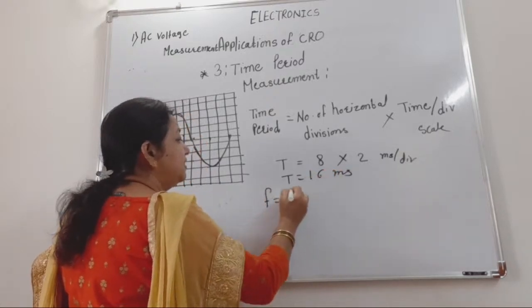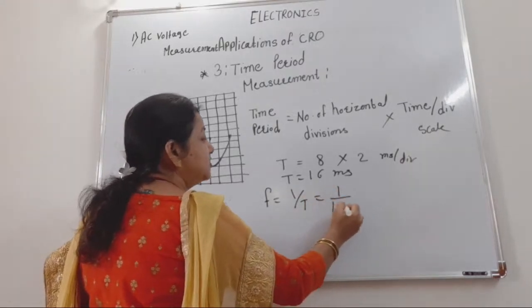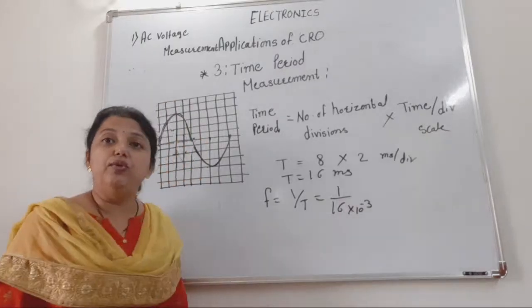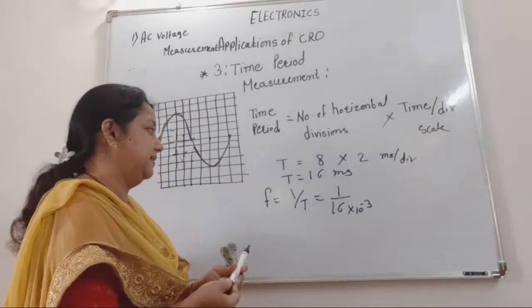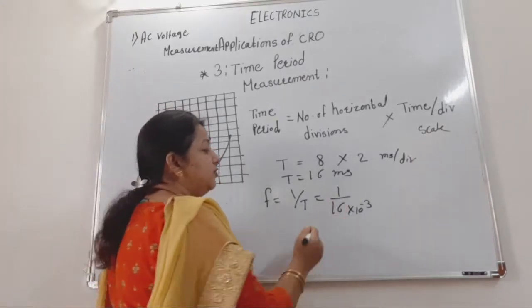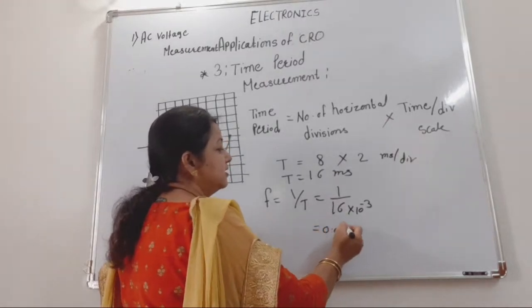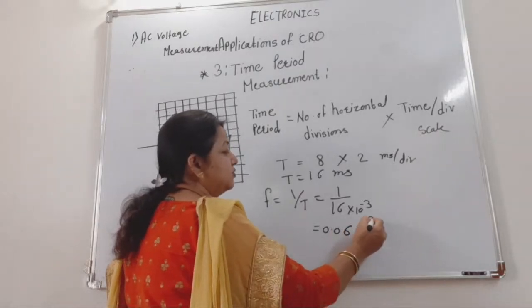Therefore, F is equal to 1 upon T is equal to 1 upon 16. Remember to calculate this, you have to go with the millisecond, so don't forget to write that millisecond, meaning 10 raised to minus 3. So 1 upon 16 into 10 raised to minus 3. Calculate this: 0.0625 into 10 raised to 3.